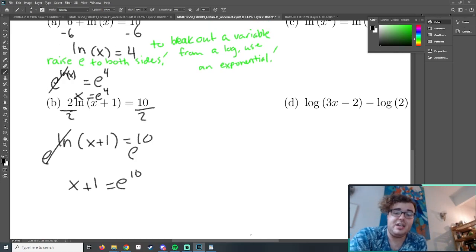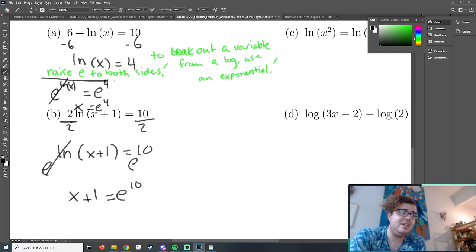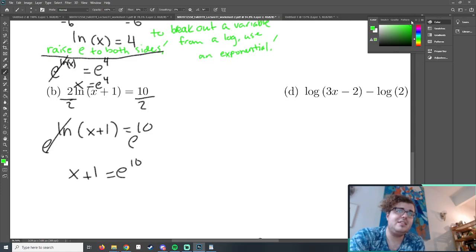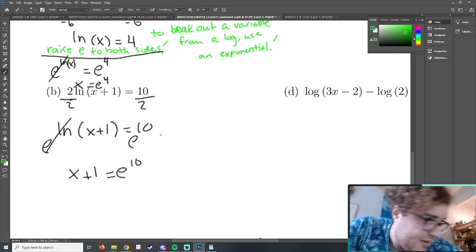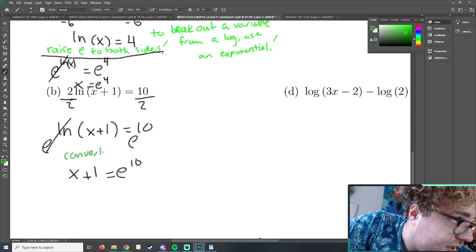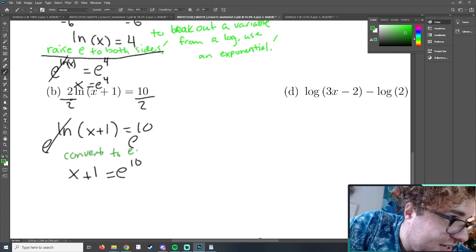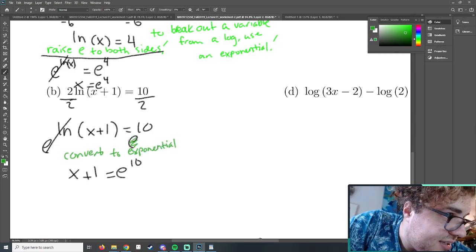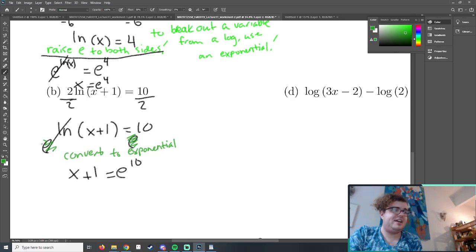The other way of thinking of this, by the way, if you don't want to think about raising e to both sides, is to convert to exponential form. Because before, without these e's here, what we had was ln of x plus 1 equals 10. The exponential form of that statement is that e to the power of 10 equals x plus 1, right?